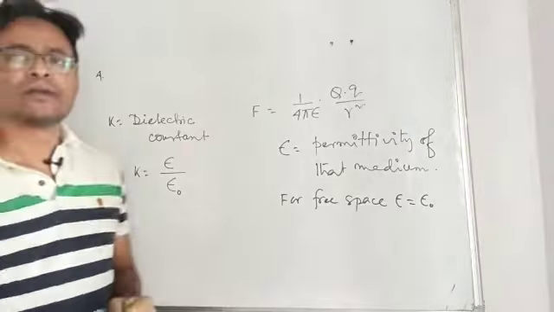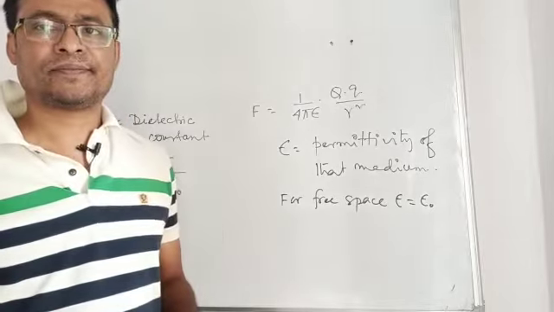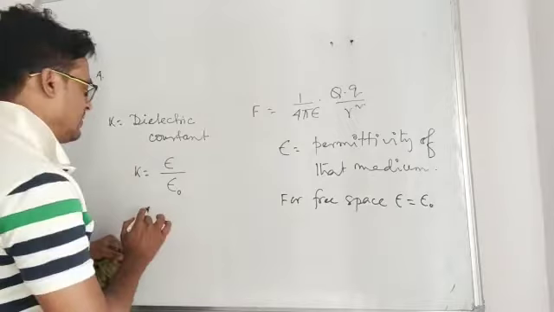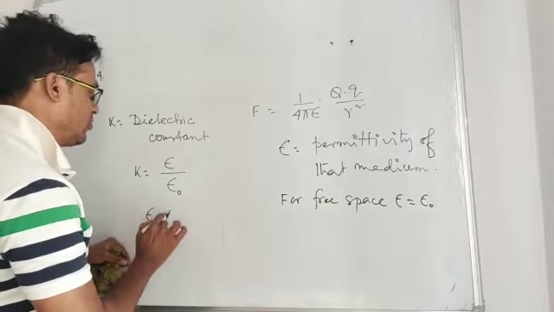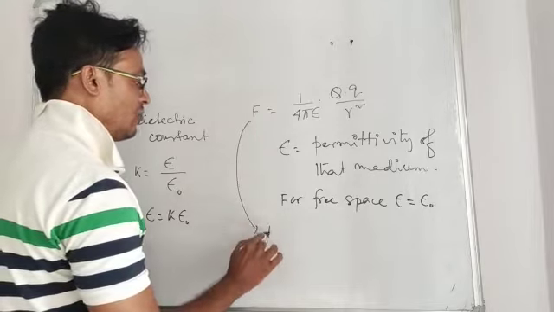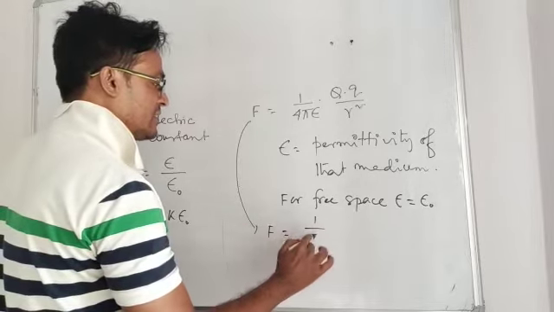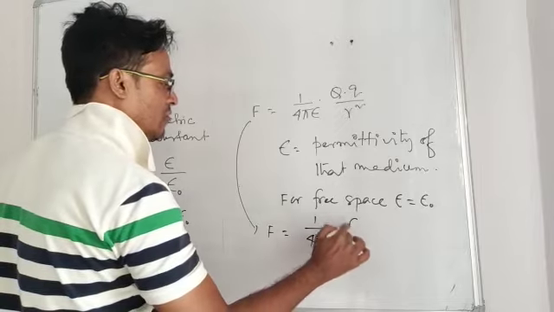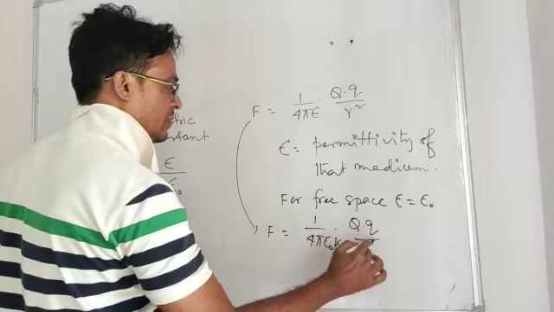Okay? People brought this. Well, in that case, you can write epsilon equal to K epsilon naught, and the formula becomes easier to remember.